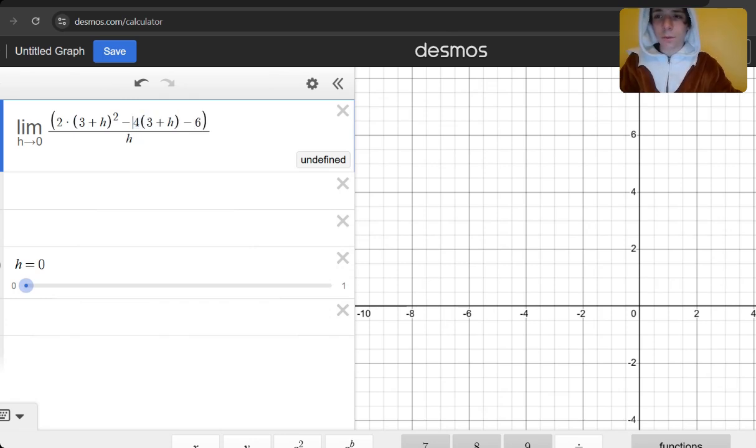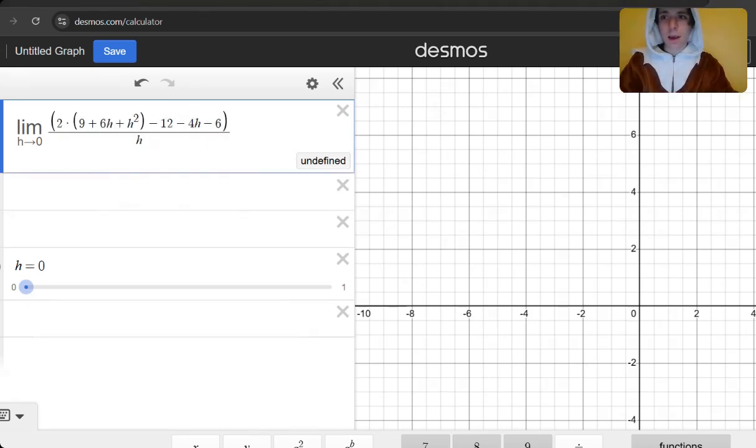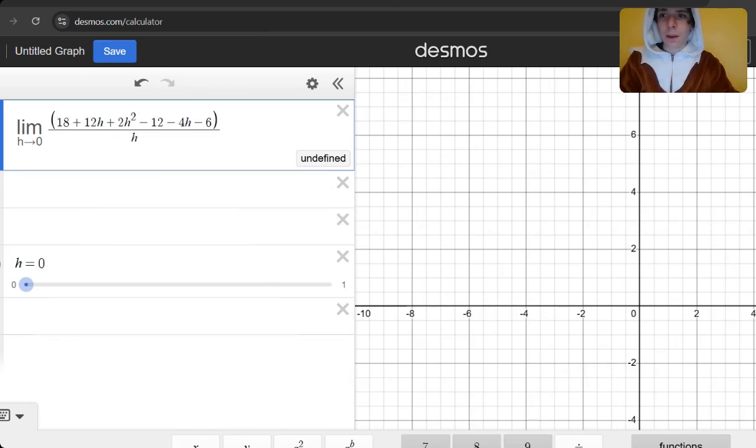So minus 4 times (3 plus h) is going to evaluate out to minus 12 minus 4h. And then this (3 plus h) squared times 2, we can expand out that polynomial, and we'll get 9 plus 6h plus h squared. Multiply out by the 2, and we get 18 plus 12h plus 2h squared.